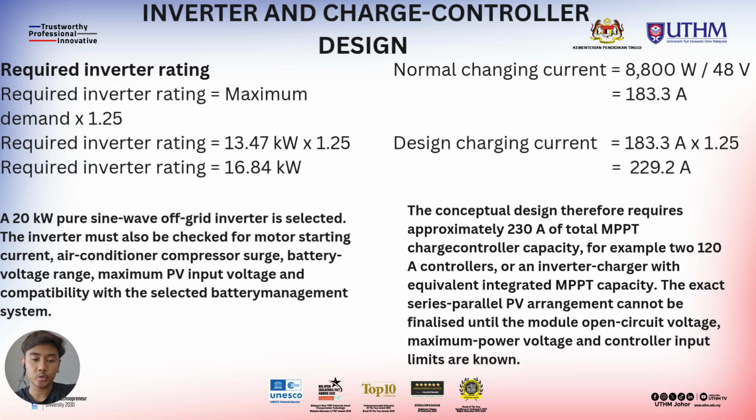To support this, we require a total MPPT capacity of 230 amperes. We can achieve this by using two 120 ampere controllers or an integrated inverter charger. We will finalize the exact solar panel connection once the specific module voltage is known.